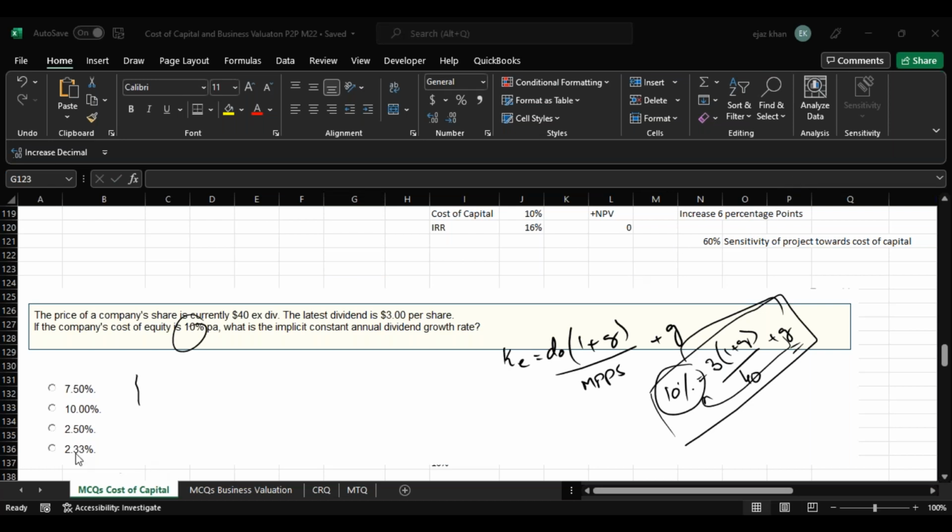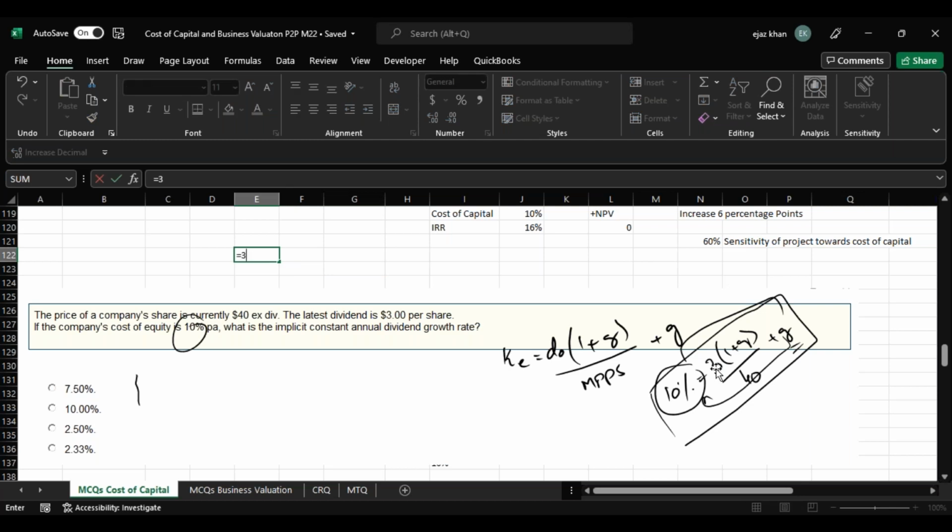Yes, it's 2.33%. I guessed it's 2.33% because if we just put 3 into 1 plus 2.33%, and divided by 40, and then we add the growth of 2.33%, to cross check whether we get the 10% answer or not.